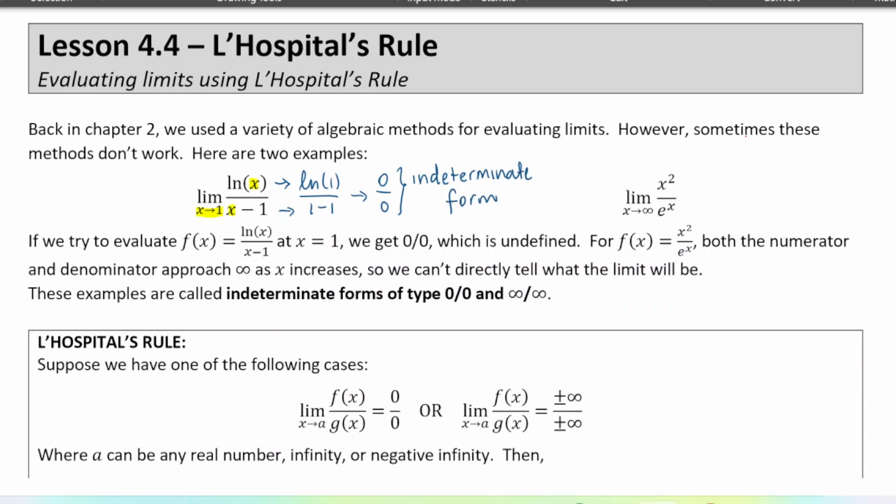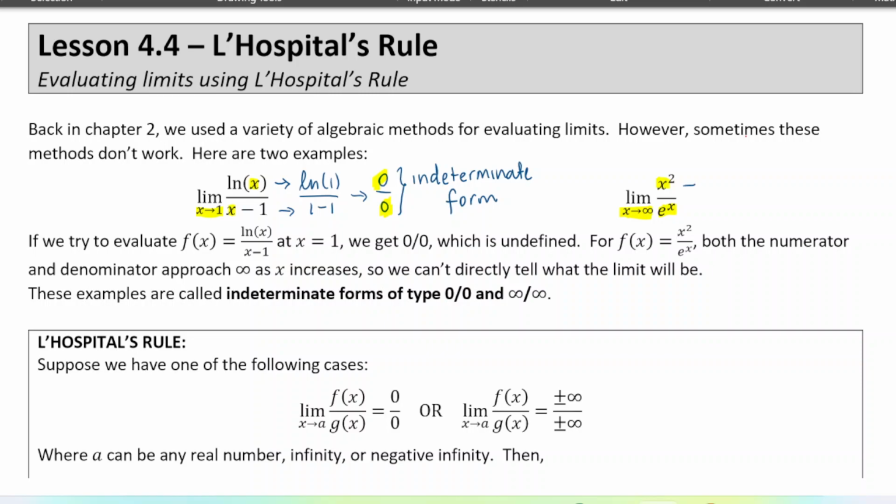This is one case where we can use L'Hopital's rule, when you get 0 over 0 indeterminate form. Another time you can use L'Hopital's rule is if you get infinity over infinity as an indeterminate form. So let's look at the next case here. Here we're approaching infinity, and we have x squared, which is a function that approaches infinity, and e to the x, which is also a function that approaches infinity as x gets very large.